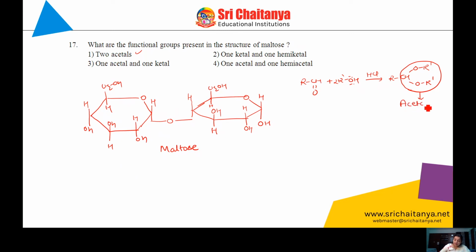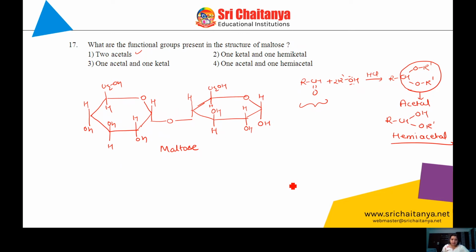If it would have been RCH(OH)OR', then it is called hemiacetal. If I repeat the same thing but my starting point is a ketone, then I use the terms ketal and hemiketal.